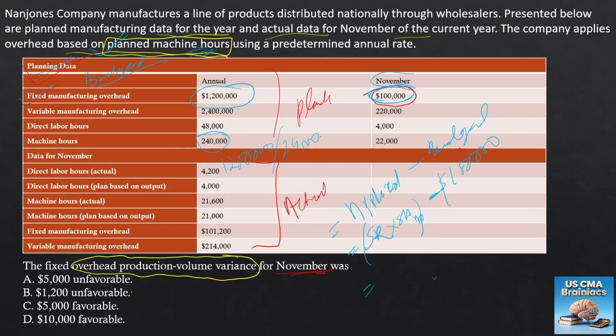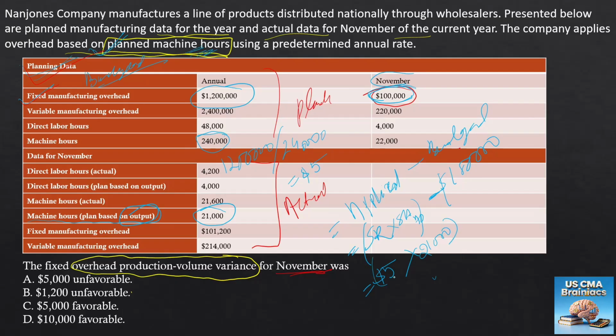How much do you get? 5. The standard rate we got here is 5 per unit. So whatever standard hours are allowed for the actual output: machine hours are planned based on actual output, which is 21,000.